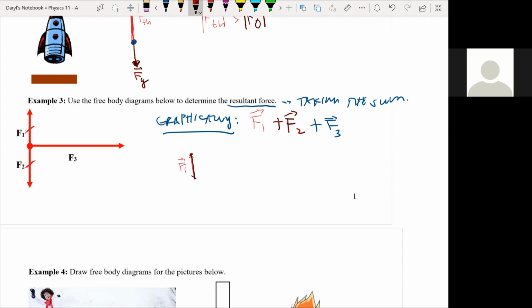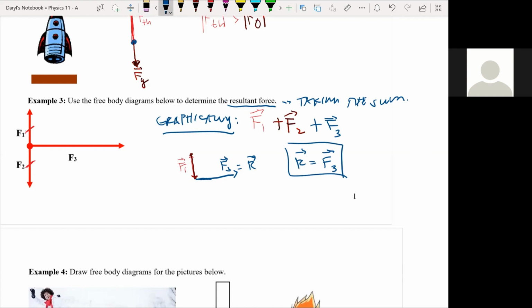Since you have equal magnitude, that just cancels out. And this is F3. So therefore, the resultant is just equal to the magnitude of F3 in this case, because this is canceled out. So the resultant is just the sum.